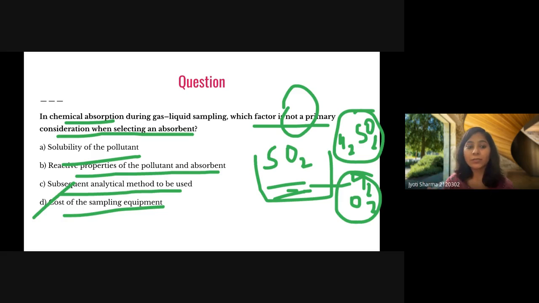So based on that, we have to take into consideration the solubility, then the reaction, and then the analytical method. These are the three that we have to take into account, and the cost we have to ignore if we want to have an accurate result and even higher efficiency to absorb our pollutant into the absorbent, right? So this should be the right answer.